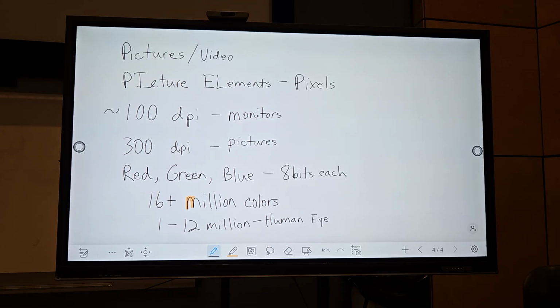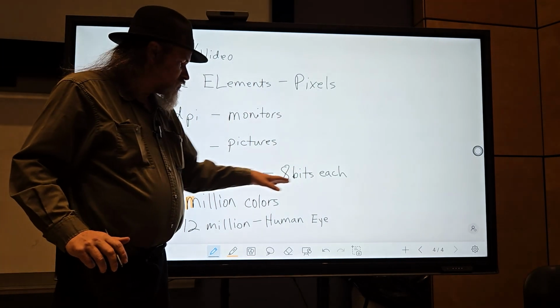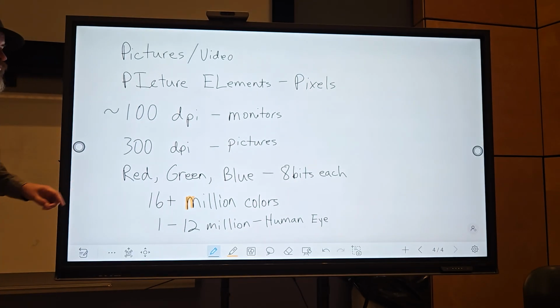I don't know. But either way, a computer can represent more colors than the human eye can discern. So going greater than 8 bits per red, green, and blue, there's no real reason to, because it already goes beyond the human capability. So no big deal.